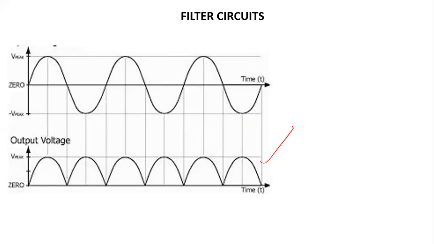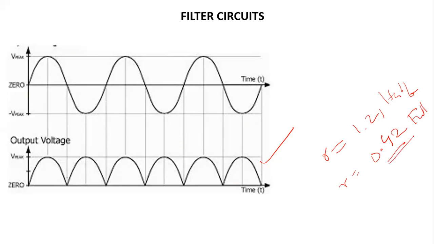But as we said, when we studied the full wave and half wave rectifiers, we saw that there is still a very large ripple factor, 1.21 in the case of the half wave rectifier. In the case of the full wave rectifier, if I remember correctly, it was around 4.2 or 4.6, I don't remember exactly.